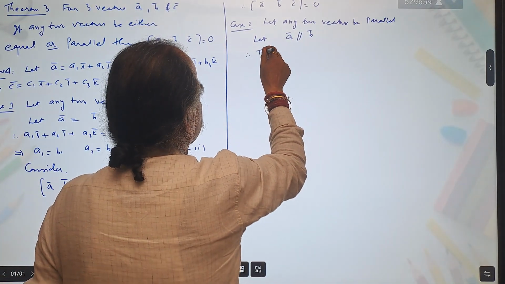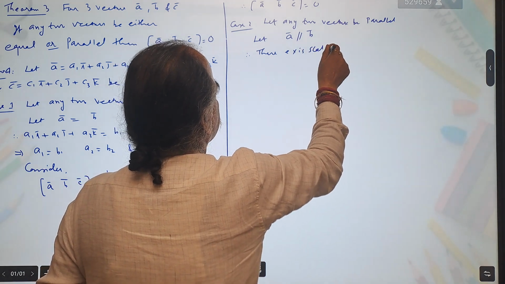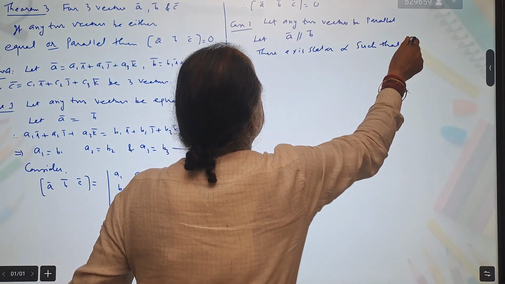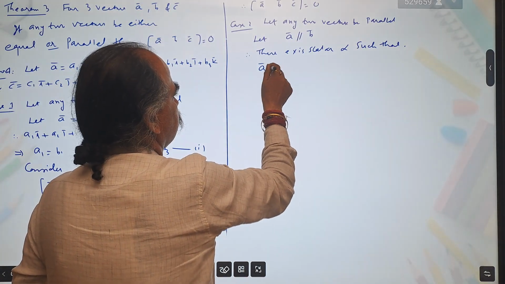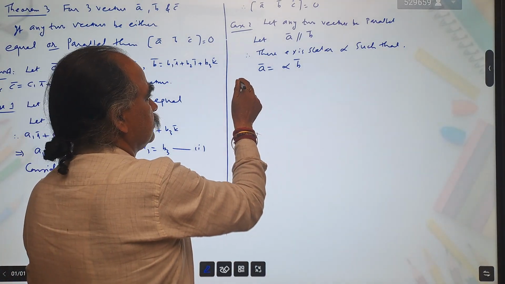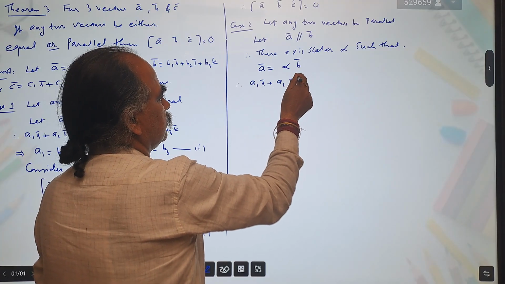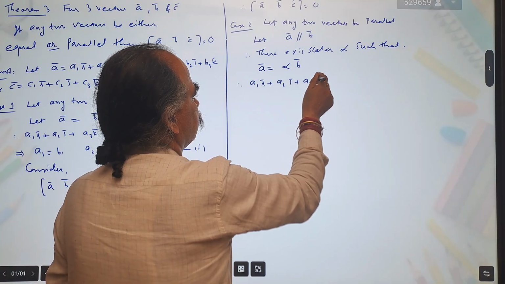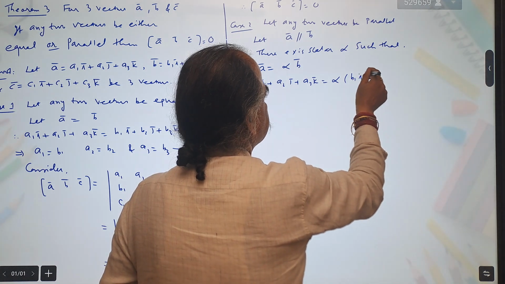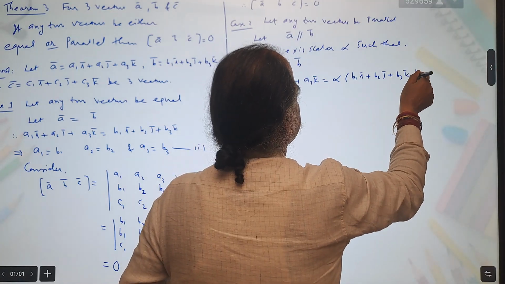Therefore, there exists a scalar alpha such that A bar is what? Alpha B bar. A bar is what? A1i plus A2j plus A3k, alpha times B1i plus B2j plus B3k.